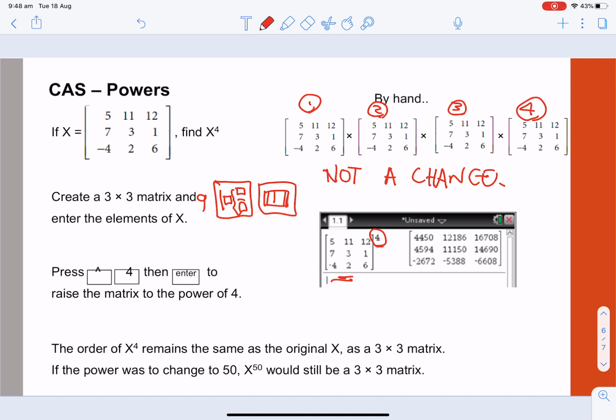And I still end up with a 3 by 3 matrix, still 3 rows, 3 columns. So just reinstating what I did on the previous page, the order of x to the 4 remains the same as the original x, a 3 by 3 matrix. If the power was to change to 50, x to the 50 would still be a 3 by 3 matrix.